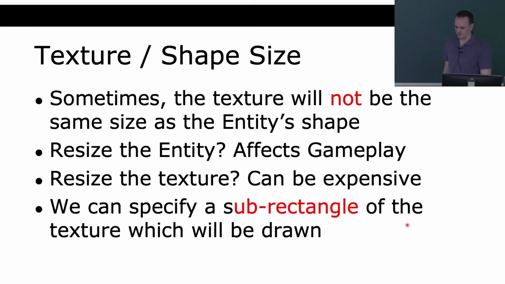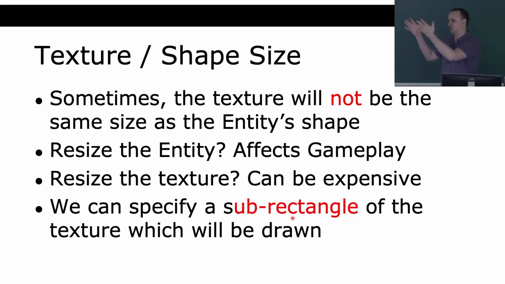So what we can do is, whenever we have a texture, by default, if I draw a texture to the window, it just draws the whole thing. But instead of just loading a sub-region of that texture from the file, I can load the whole texture and then just draw a subtexture. This actually has benefits on the GPU side of things.